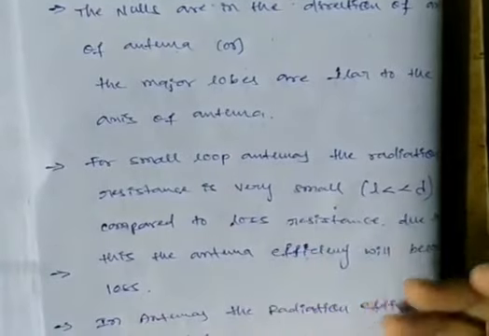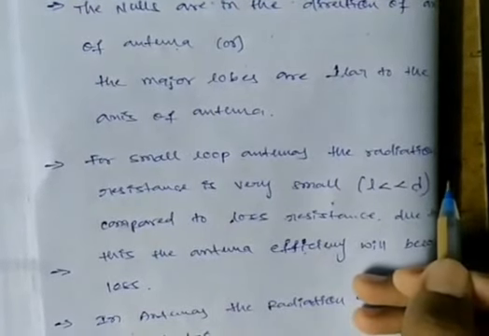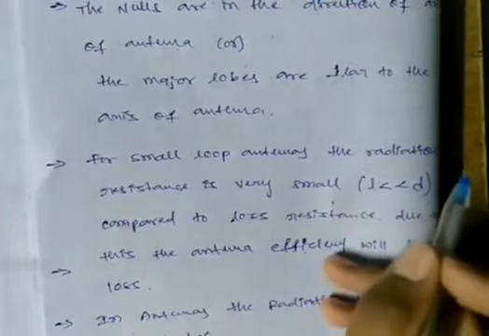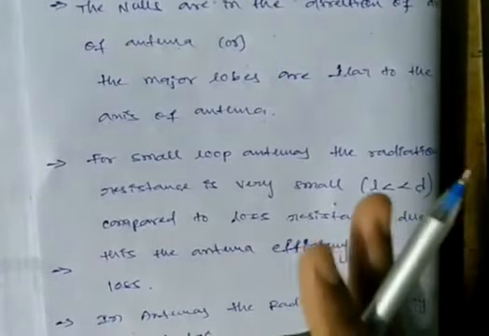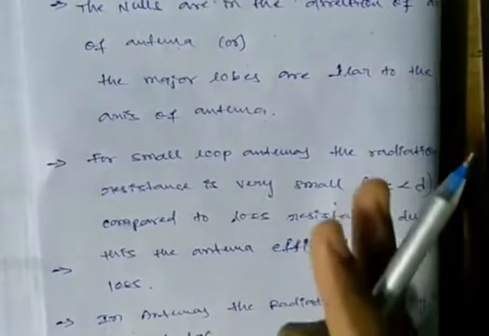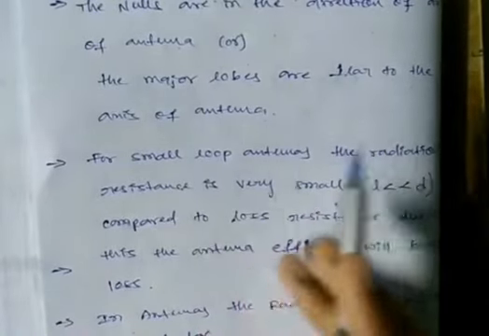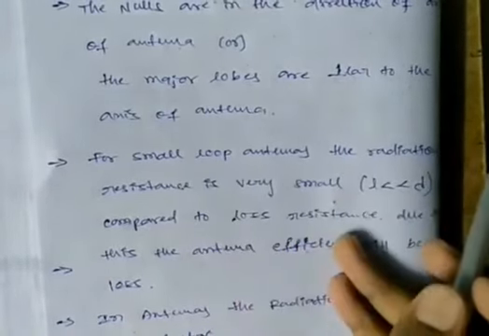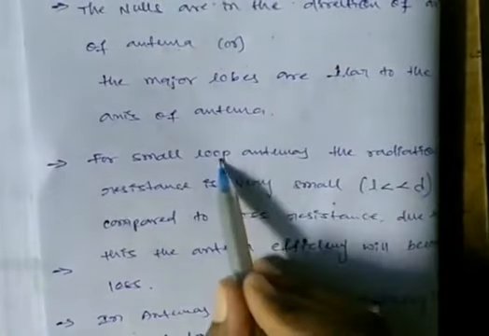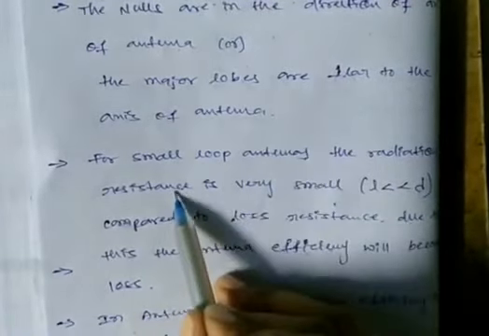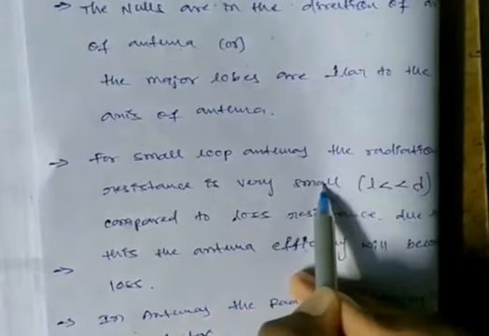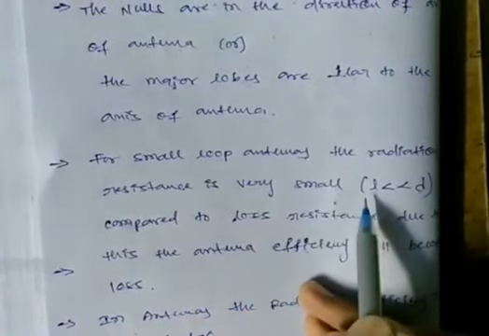And coming to the transmitting antennas, the radiation efficiency is an important factor. For finding the radiation efficiency, two parameters must be known: radiation resistance and loss resistance. Coming to the small loop antennas, the radiation resistance is very small compared to the loss resistance.